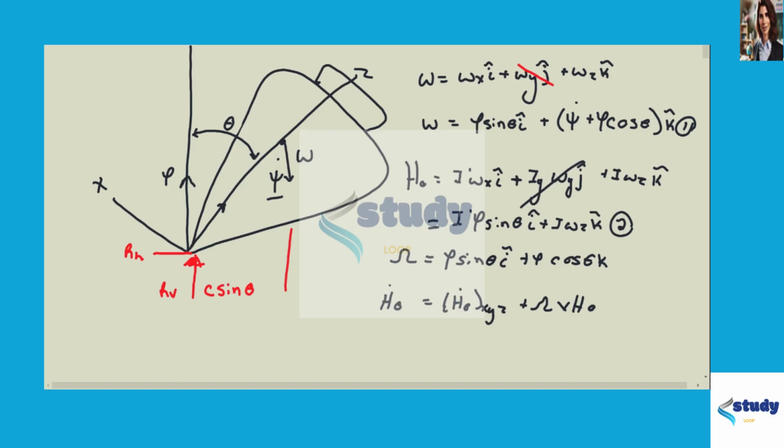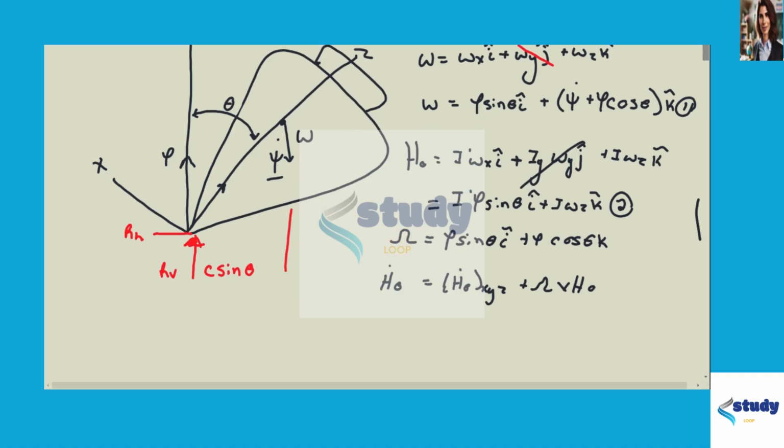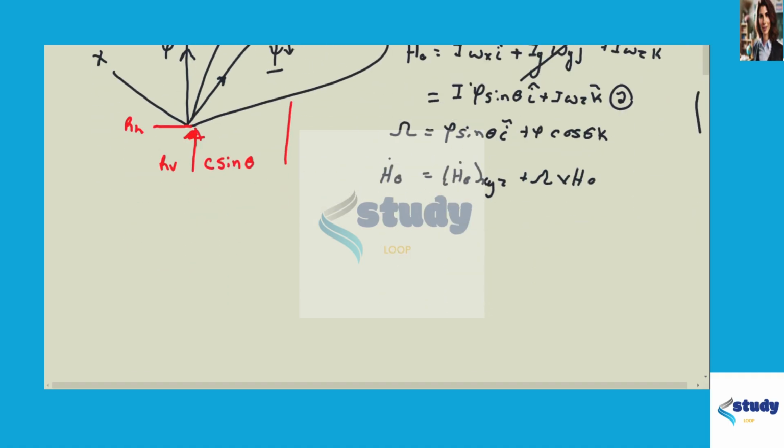And as we scroll down, so now what we do is have angular momentum as a reference frame is 0 since there is no change in angular velocity. So we have to substitute equation 2. And what we're doing is substituting this one into this one.